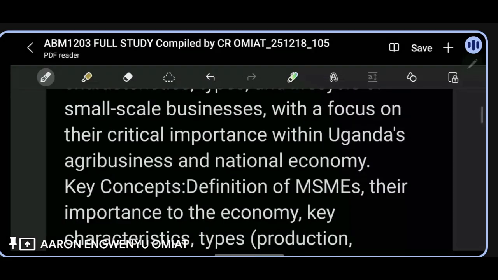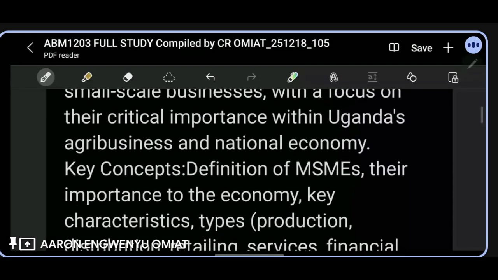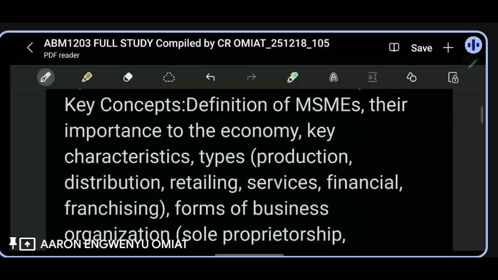So the key concepts, we shall start by defining MSMEs. Agaton, could you give us the full form?